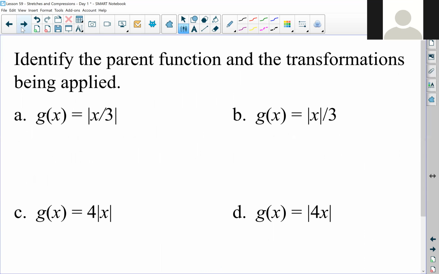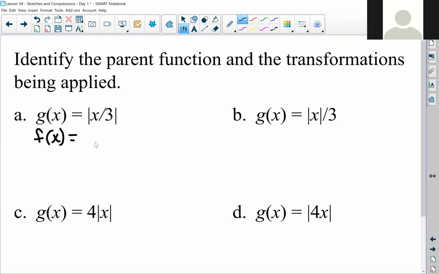So here's what it's going to look like. Identify the parent function and the transformations being applied. What I do for the parent function is I let f of x be my parent function.